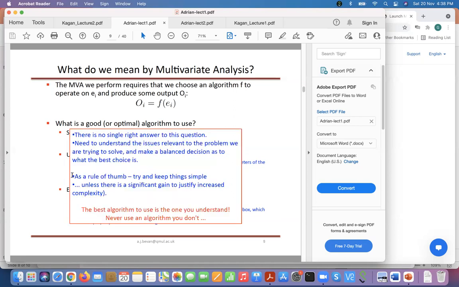Okay, so the one thing I want to tell you, and probably I said in the first slide, is that there is no unique definition of signal and background. It all depends on what you are doing. Similarly, there is no unique definition that this kind of method will work for everyone, right? So it all depends on the problem you have in hand, and you want to make a judicious decision about what is the best choice.